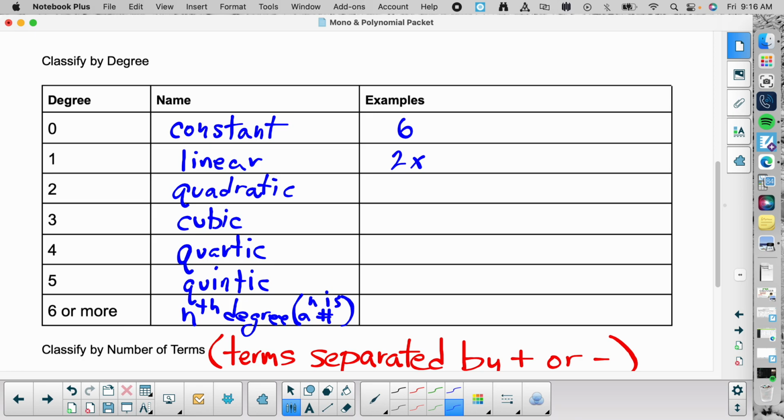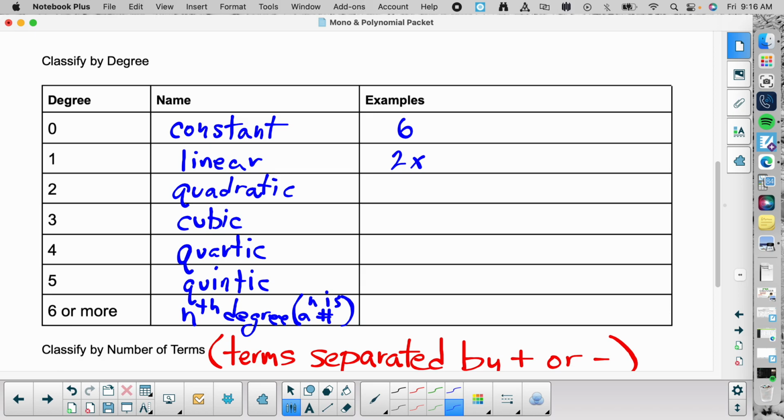And you did well on that test, so you should know this. Lamar, help him out. What's the power when there's no power shown? 1. Perfect. Okay, if there's no power shown, it's first power. That ties together with first degree.